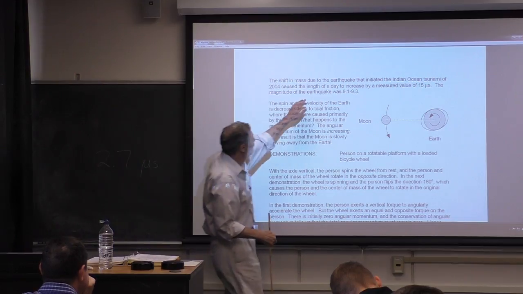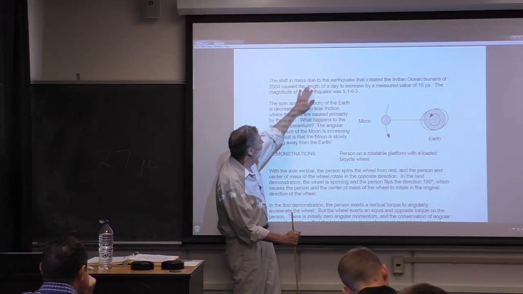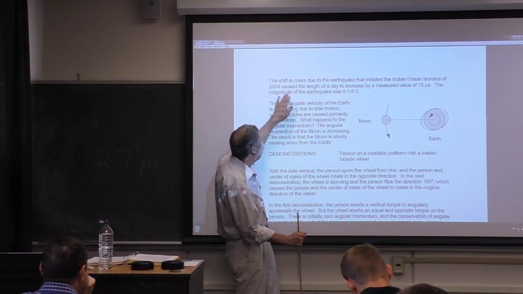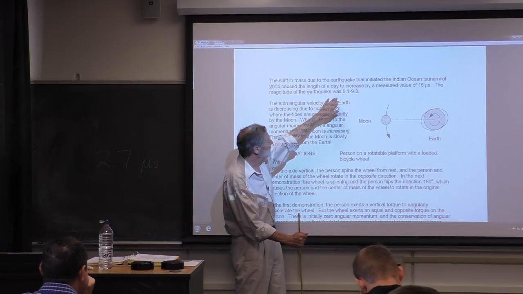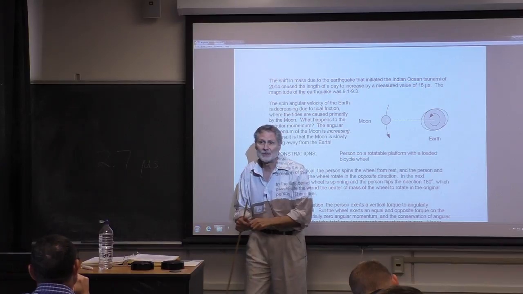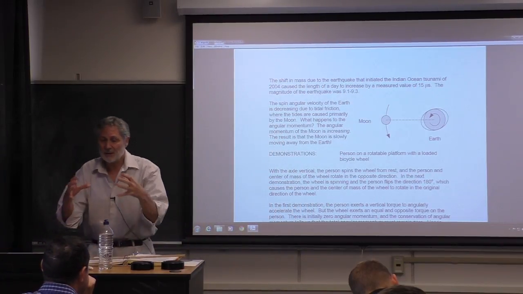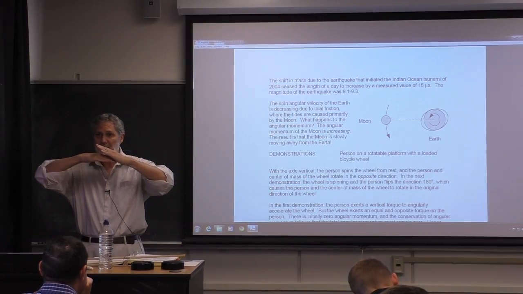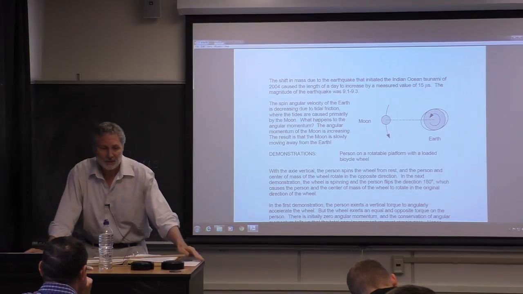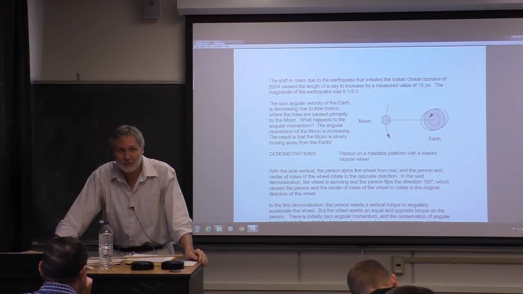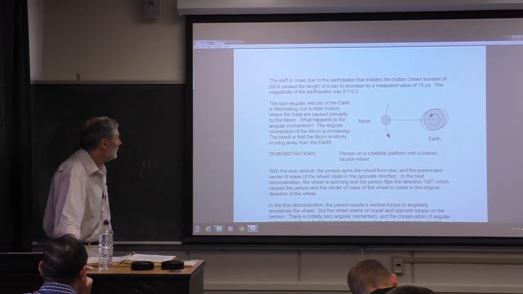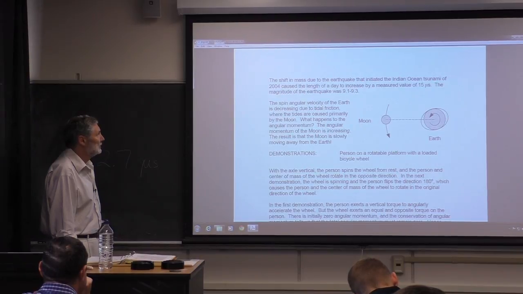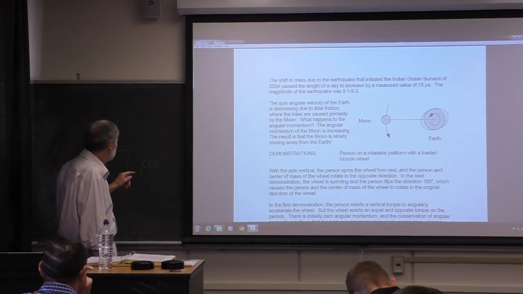So I'm going to edit this. The shift in mass due to the earthquake, that initiated it, caused the length of a day to decrease by 2.7 microseconds. It could go either way. There was a redistribution of mass due to the earthquake, the slippage along the fault, and it changed the moment of inertia. I'm getting confused here.